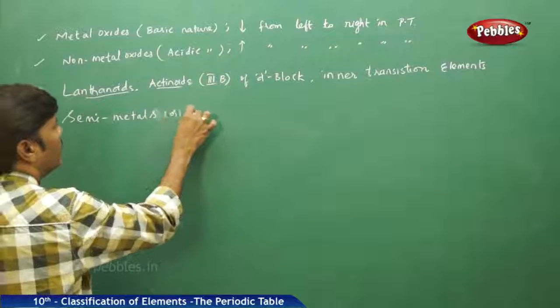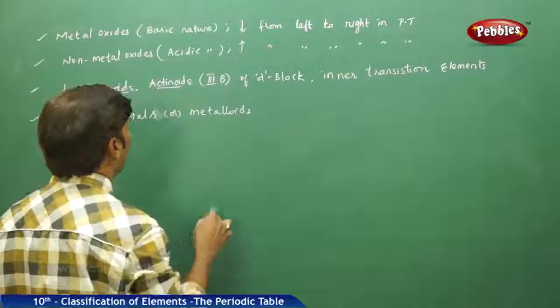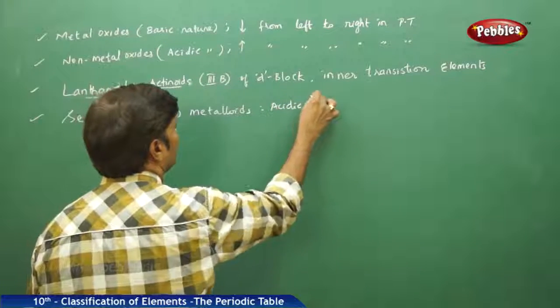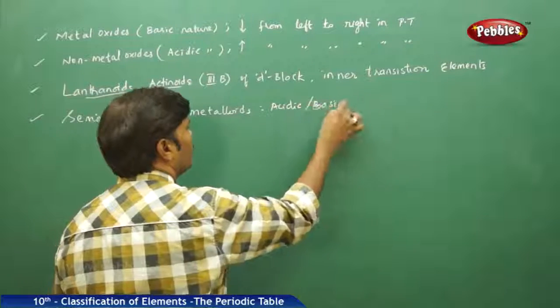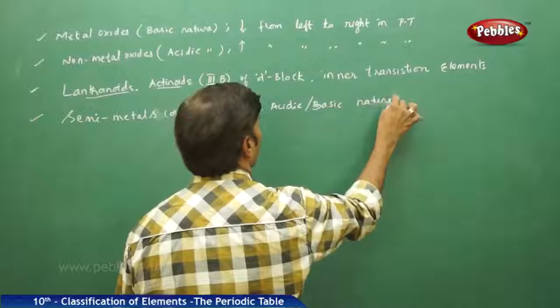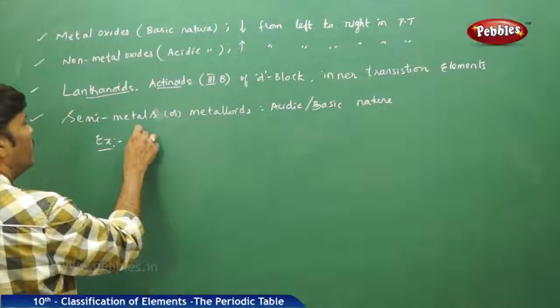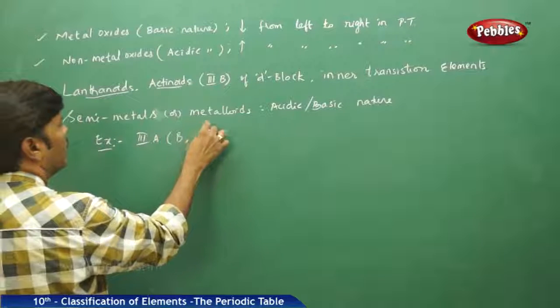or metalloids, they are both acidic as well as basic in nature. They show both acidic nature and basic nature. The best example is, in third A group, you can take boron, aluminium.